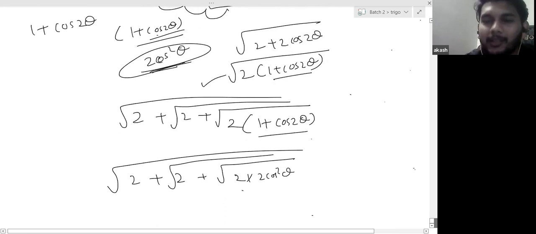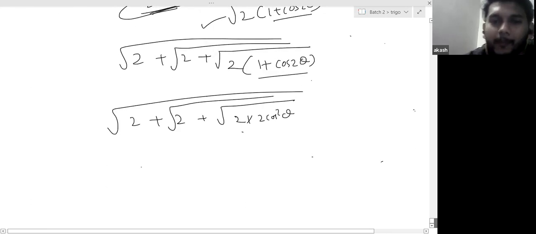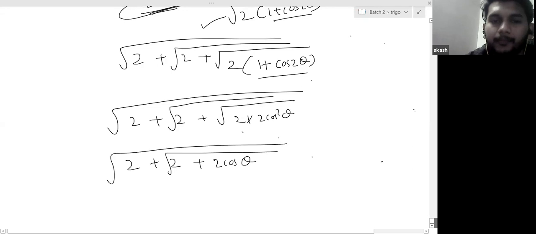All right, are you getting the angles in half? Let's solve this way only. This is 2 plus 2 plus 2 cos theta, right? Then this is 2 plus, again taking 2 common, I'll have 1 plus cos theta.